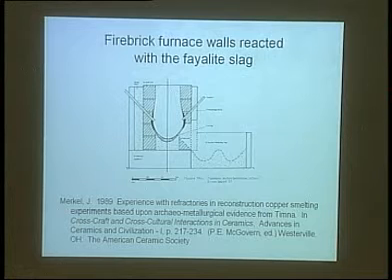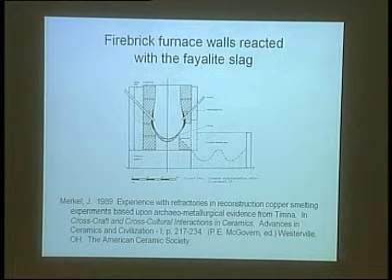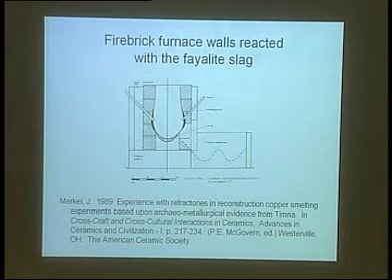I've published this as well. This is looking at aspects of high temperature effects on furnace refractories, okay? And trying to estimate how much additional flux we would need to compensate for this and still produce the same compositions as slag.